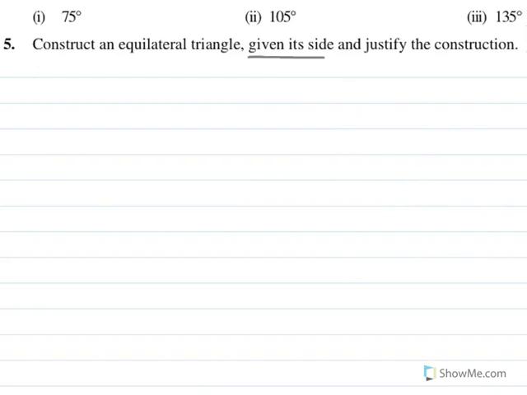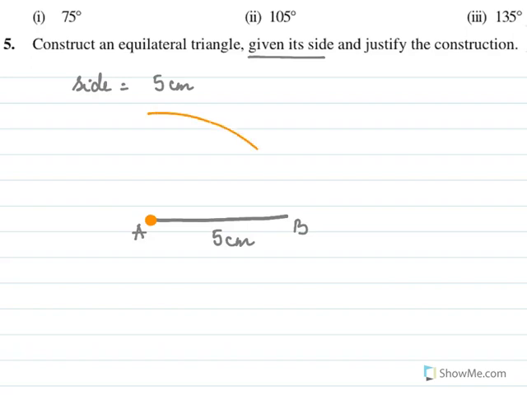Construct an equilateral triangle given its side. So suppose we say the side is to be 5 centimeters. How will you construct it? First you'll draw a line segment AB with 5 centimeters. Keep your compass at A and take 5 centimeters as radius and draw an arc.